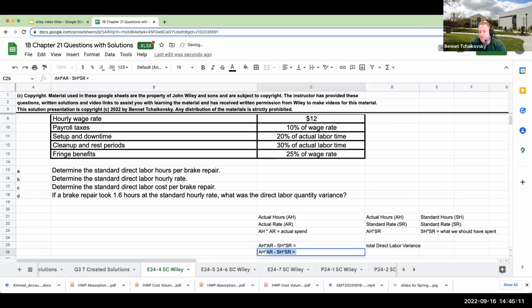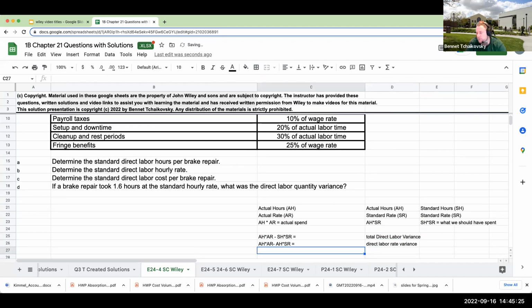My actual hours times my actual rate less the actual hours times the standard rate gives me my rate variance. They sometimes may refer to this as a price variance, but I refer to it as rate.